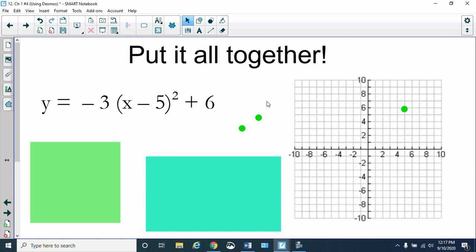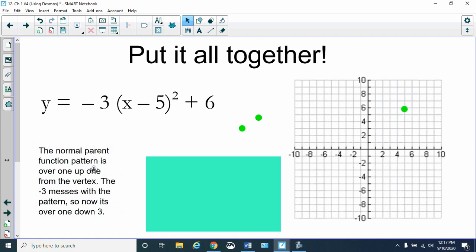And then because time is short, we don't have a ton of time, let's go ahead and just do 2 points. So this -3 is what's going to mess with our pattern. We have 2 ways to do this. We could do it logically, and that we know that normally, if we didn't have that -3 there, our pattern is always from the vertex we go over 1, up 1, we put it there, and over 1, up 1, we put it there.